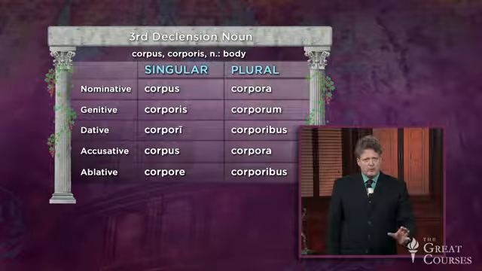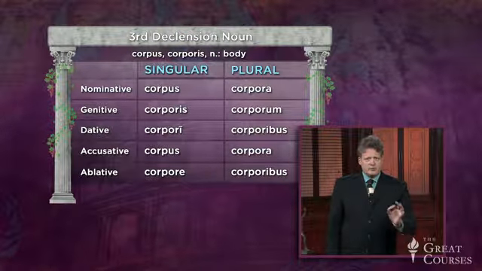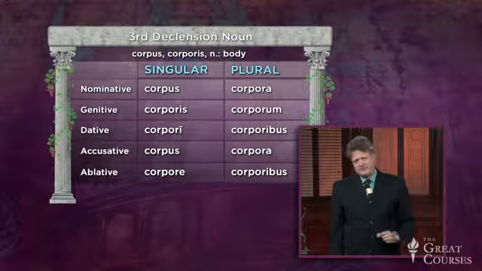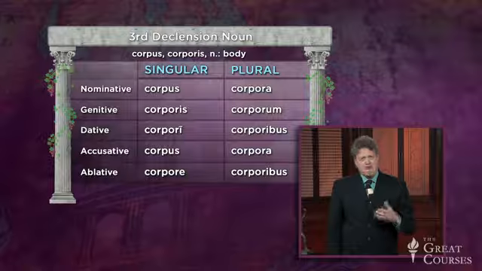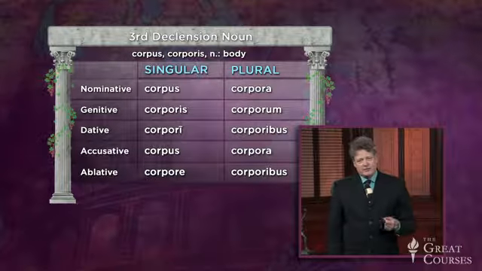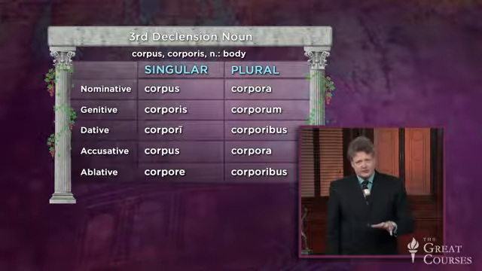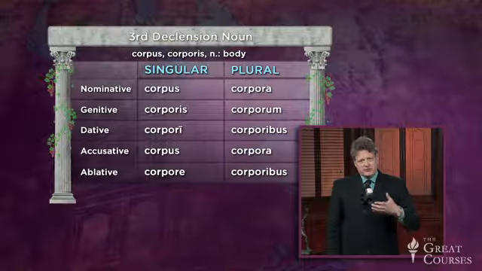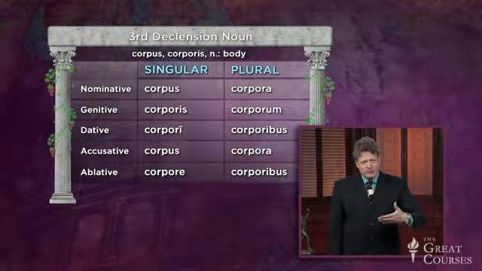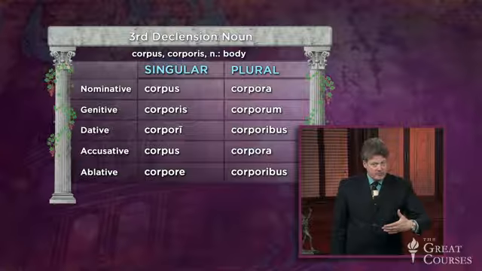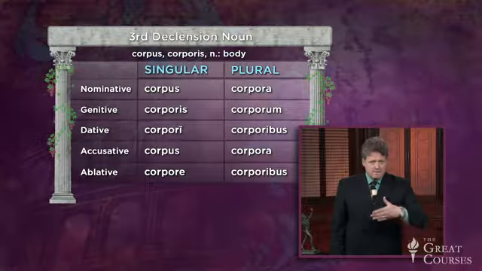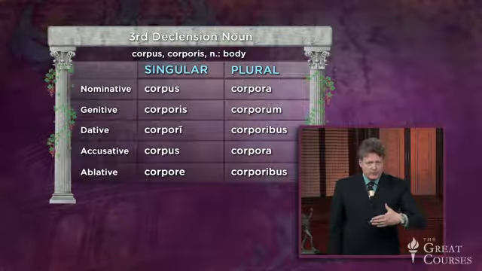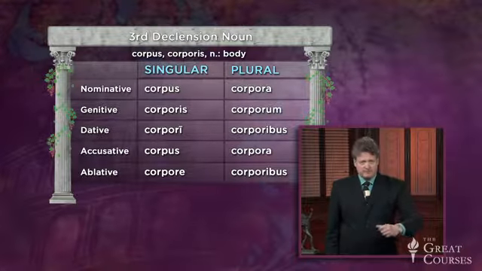Corpora, corporum, corporibus, corpora, corporibus. And now together on the count of three. Unus, duo, tres. Corpus, corporis, corpori, corpus, corpora. Corpora, corporum, corporibus, corpora, corporibus.